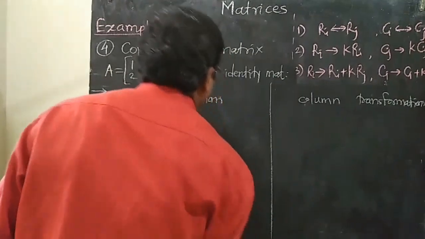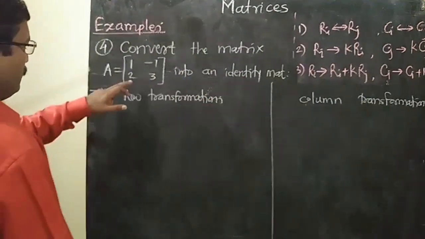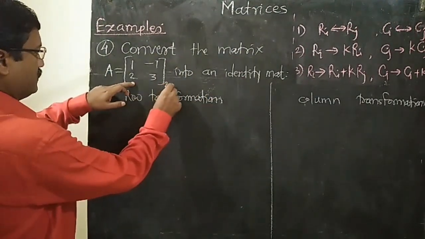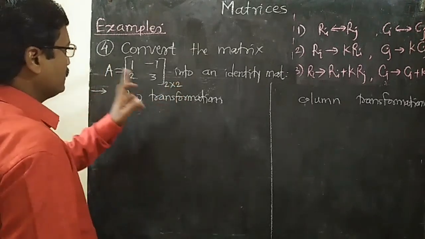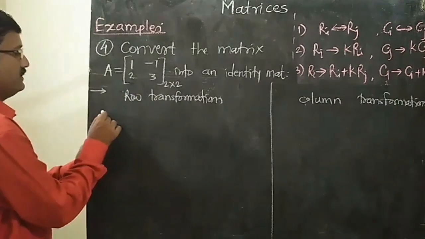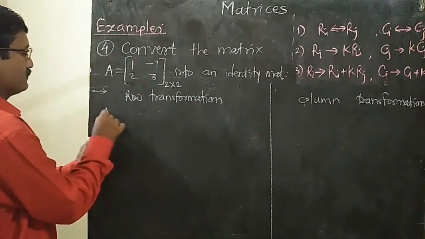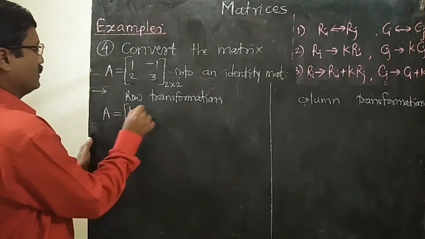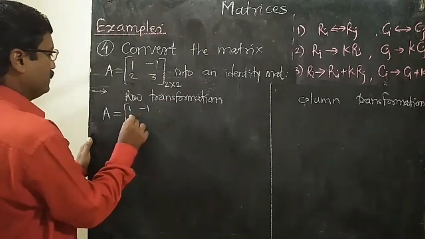Let us obtain the identity matrix. The given matrix A is of order 2 by 2. So we will convert this A into an identity matrix of order 2 by 2. For that, A is given 1 minus 1 2 3.